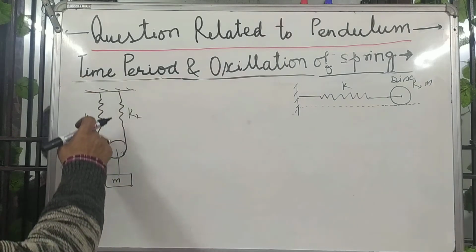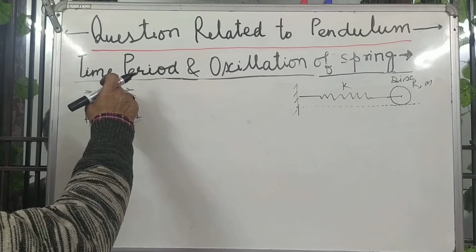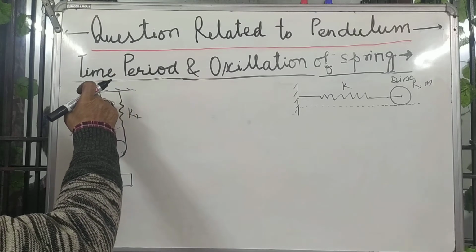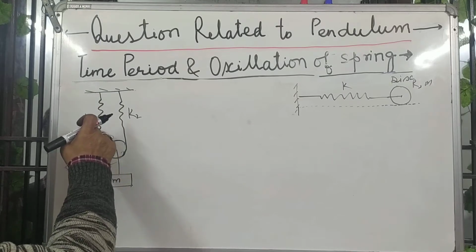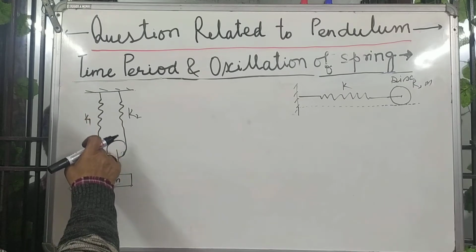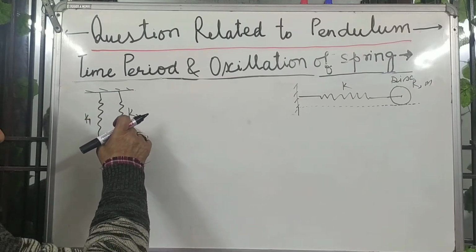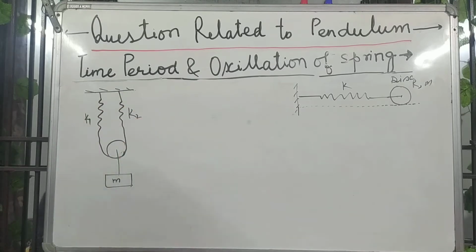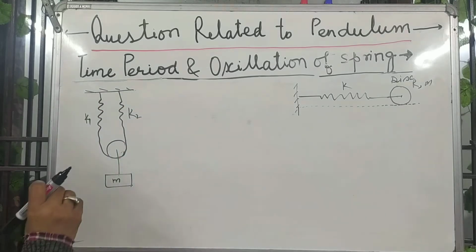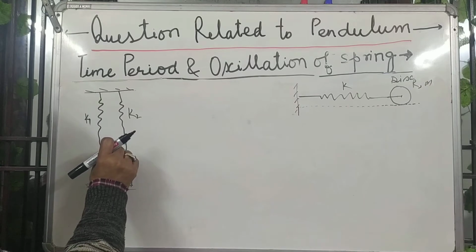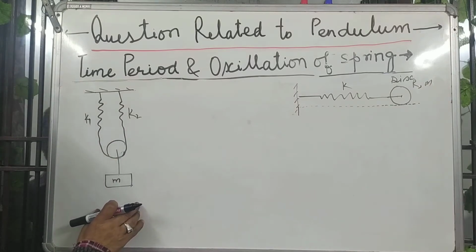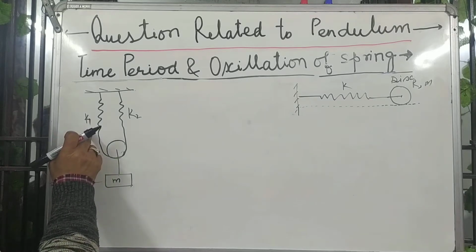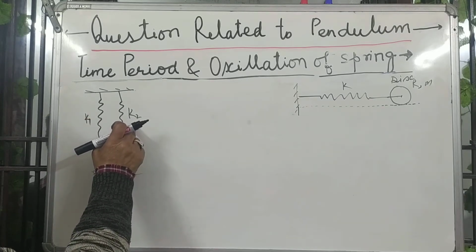This is a single wire. At one end is K1, and another spring K2 is directly connected with this spring. So when it comes downwards, the extension in this will be different and in this will be different.